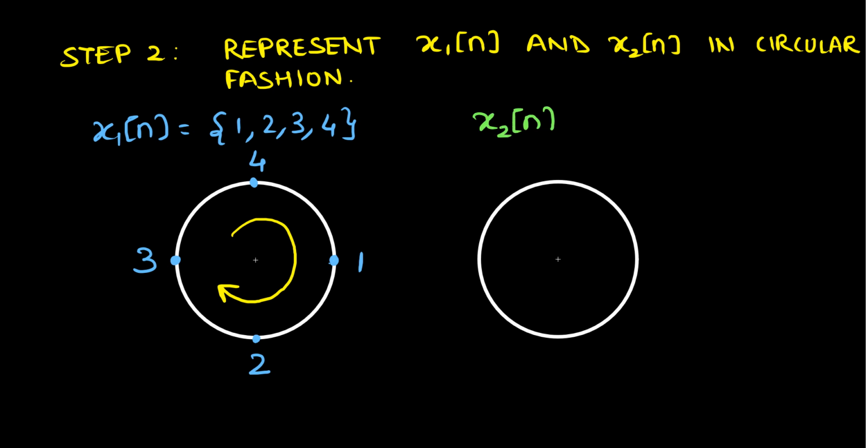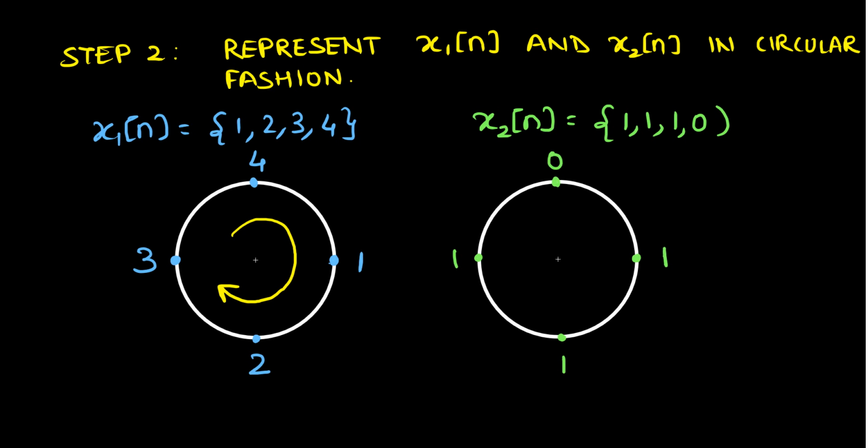Now if we consider x2 of n, then it is given as 1 1 1 0. So again we will start from this point. So we have 1 here, then we have 1, then again we have 1, and then we have 0 here.